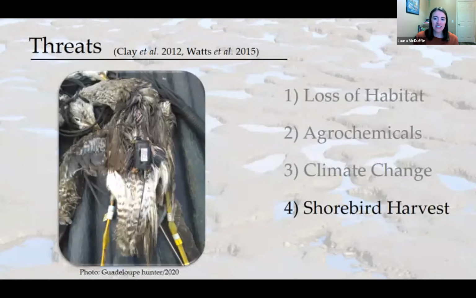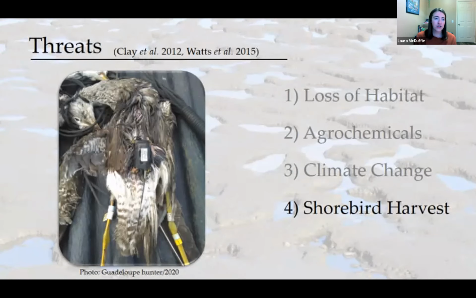But shorebird harvest is an actual known threat for this species, and it is likely the most harvested shorebird species in the Caribbean and northeastern South America. It's estimated that between 35,000 and 66,000 individuals are harvested annually just within Guadeloupe, Barbados, Martinique, and Suriname alone.